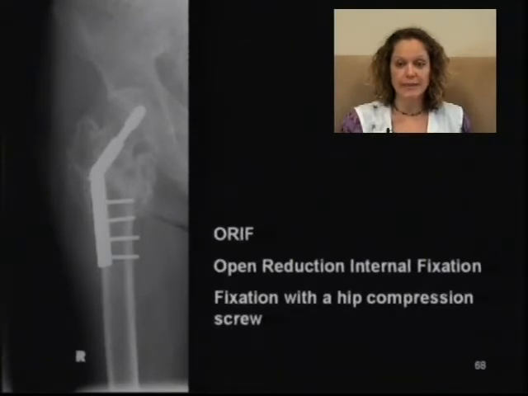So in this case, we can see a hip compression screw that is going through the femur, up through the neck of the femur, into the head of the femur, stabilizing that bone so that it can go back into place. The head of the femur can go back into the acetabulum, and after some physical therapy, our hope for this patient is to regain quite a bit of their mobility.